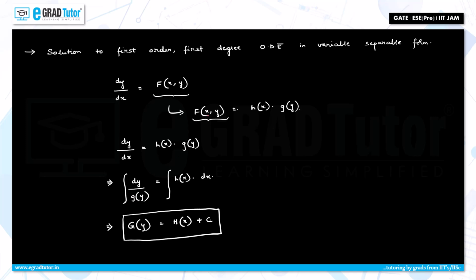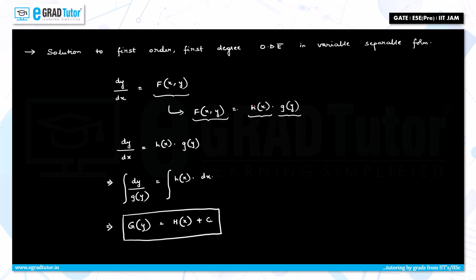That is, when the function in the first order first degree ordinary differential equation can be written as a product of two functions which are separated by the variables, that is, h of x is a function in x, g of y is a function in y.